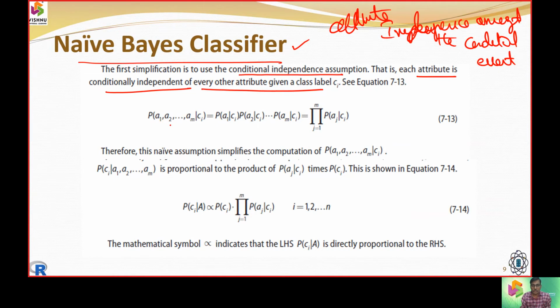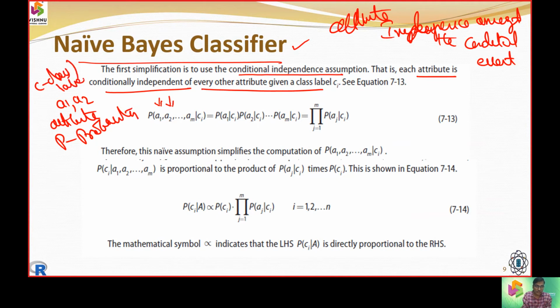What we are going to assume here is that we can call A1, A2 attributes. P we are going to call probability. C we are going to call class, or labels.